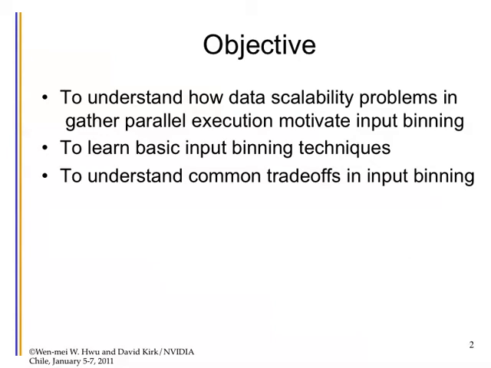So one interesting problem with parallel computing through history is what we call the data scalability problem. Essentially, when we convert a computation from a scatter-based approach to a gather-based approach, we oftentimes run into a problem with efficient identification of input data relevant to each output. So oftentimes these parallel algorithms end up having to look at more data than the sequential algorithm.